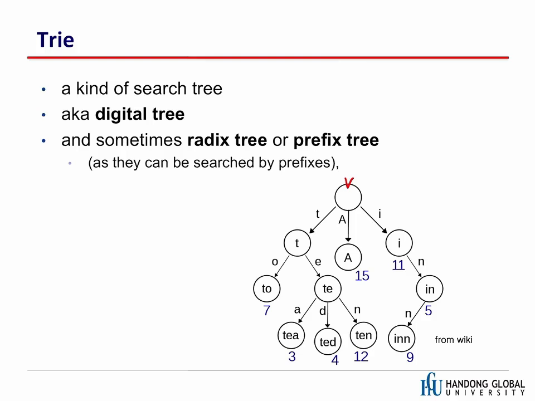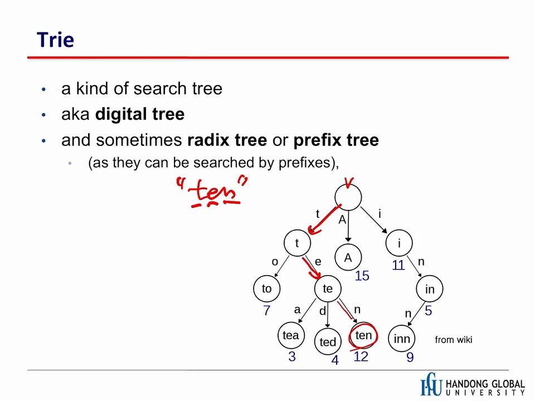If we are interested in "ten", then from the root the first character is T, so we follow this edge, then the next one is E, we follow this one, and then the next one is N, and that's it. Then this is our target word. It looks similar to a BST, right? But it's different.